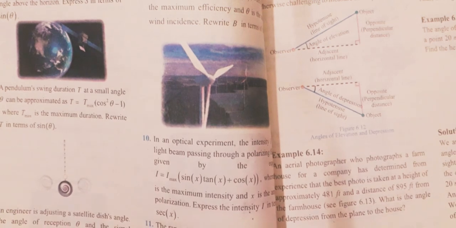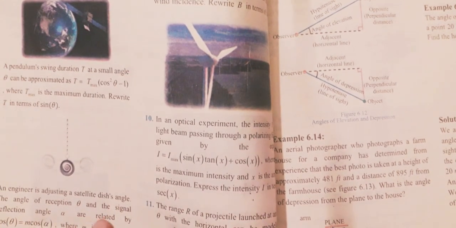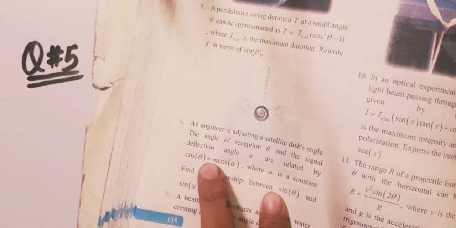Now in question number 6, an engineer is adjusting a satellite dish angle. The angle of reception theta and the signal deflection angle alpha are related by the equation cos theta is equal to m cos alpha, where m is constant. Find a relation between sin theta and sin alpha.